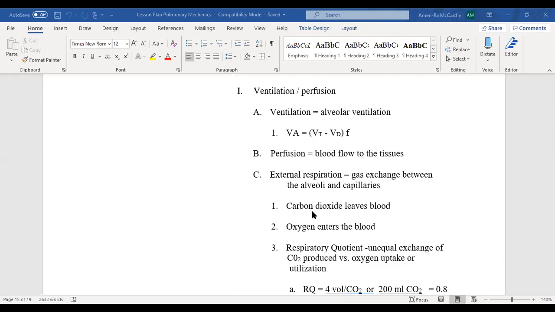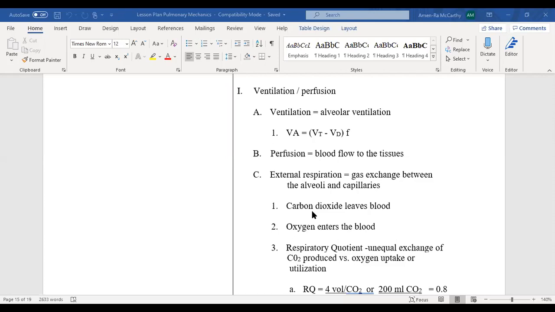That is in your book. It's got a good picture of it and explains it. My numbers might be a little off, but you get the picture. Make sure you look when you do your reading, because this is very important, how that gas moves between the capillary membrane and the alveoli.